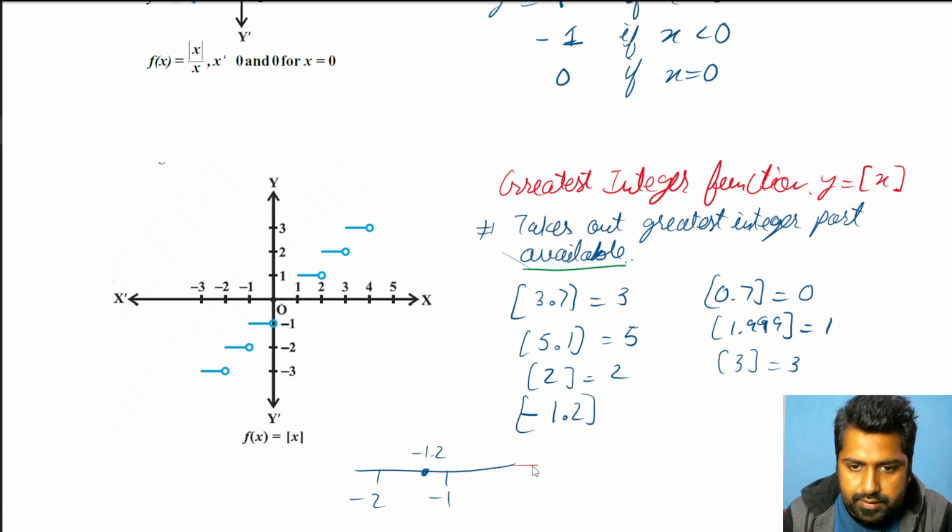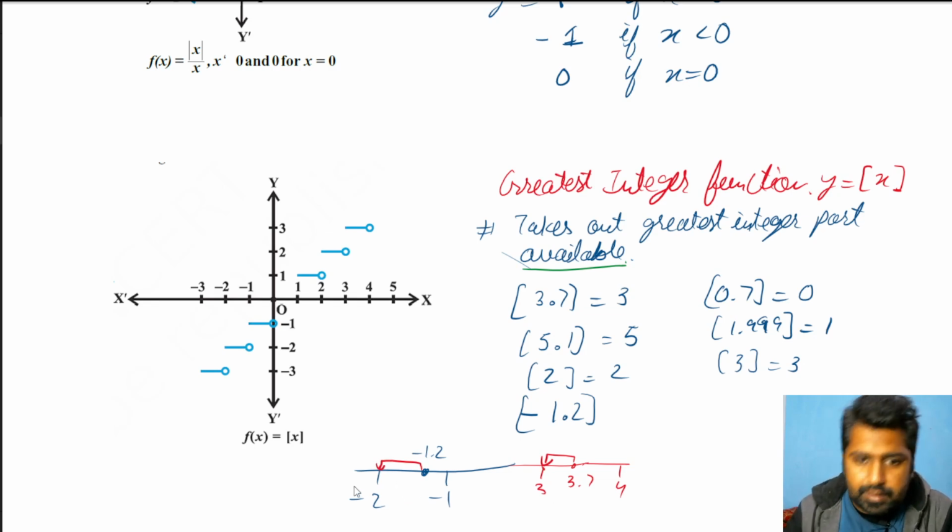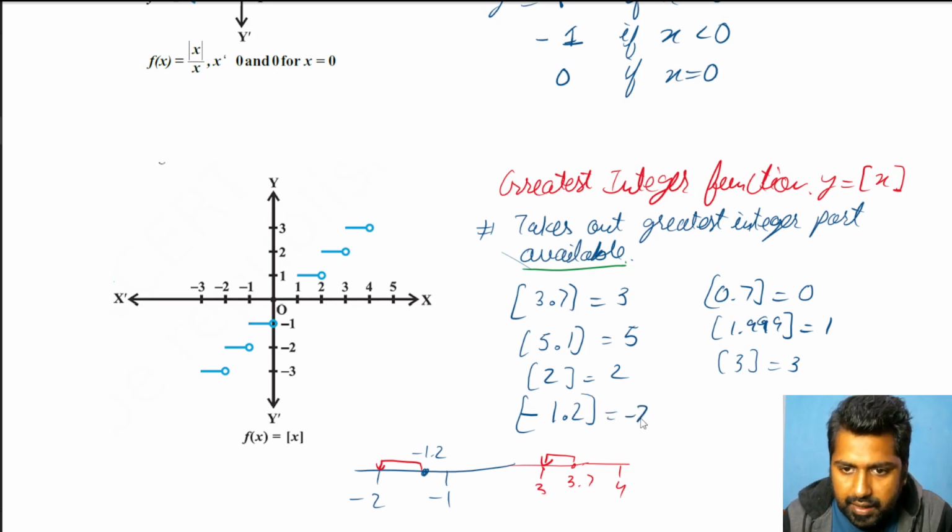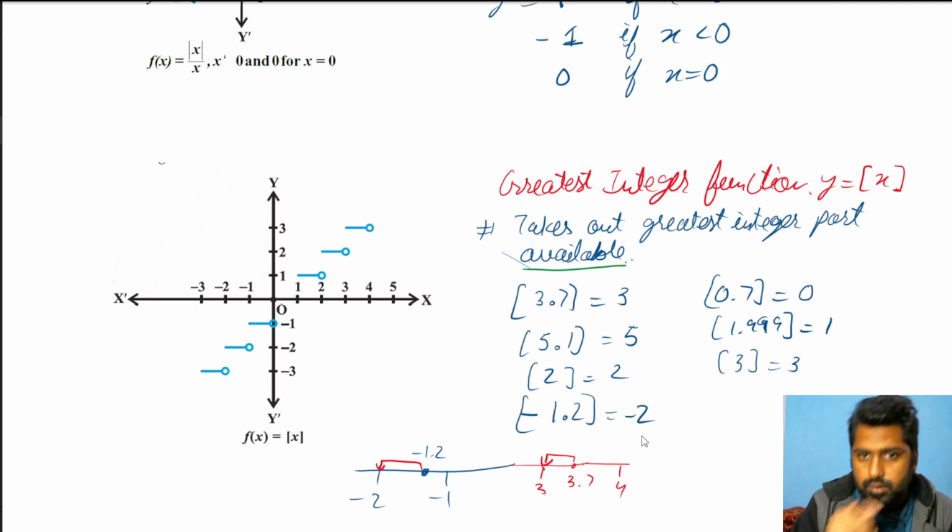For positive numbers, let's say 3.7 was there, 3 was there and 4 was there. If we were talking about the greatest integer of 3.7, what we did is we took the integer which was less than 3.7. Same way for minus 1.2, we have to take the integer which is less than minus 1.2, not more than. We have to consider the lesser integer. So that means we have to take minus 2. It's not minus 1, remember.